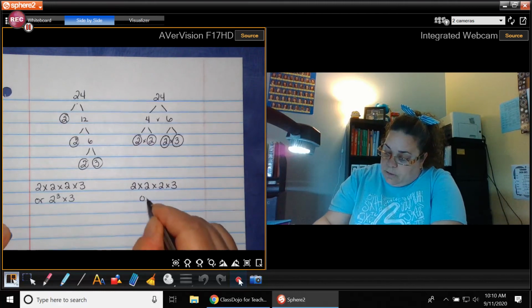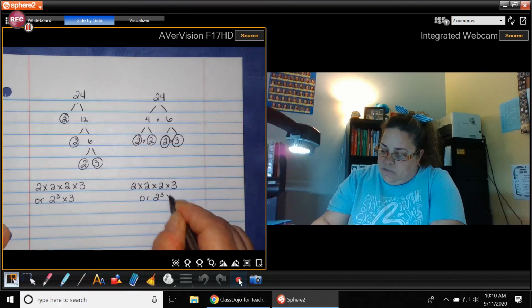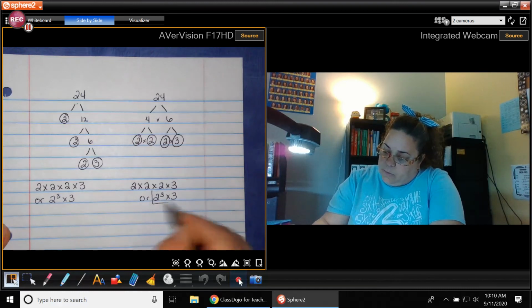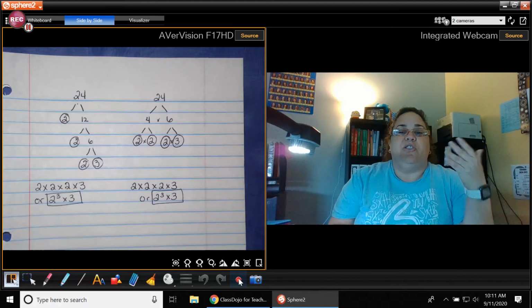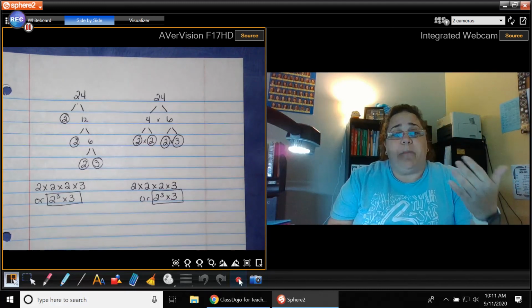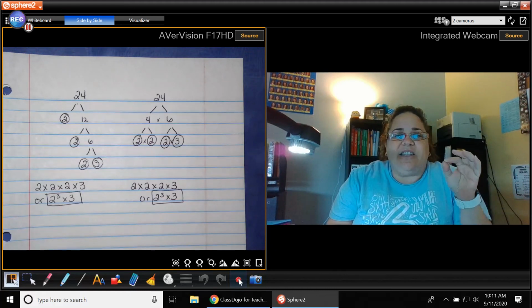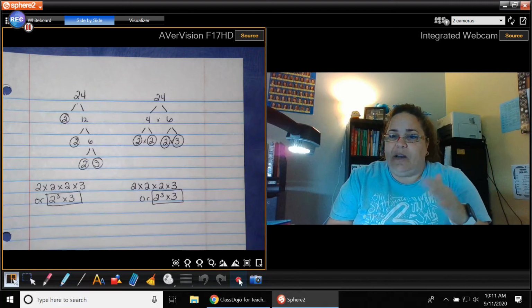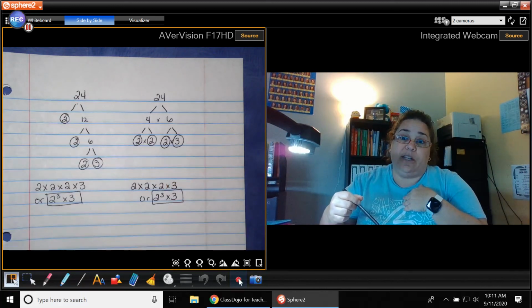Or 2 cubed times 3. Remember, I like to always put a square or a circle around my answer. Okay? So as long as you're doing the math right, as long as you're using true factor pairs, it doesn't truly matter which factor pairs you start with. So I told you that I like to start with the lowest prime.